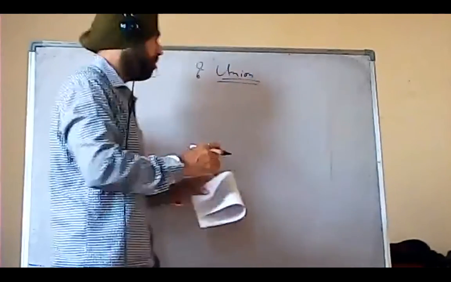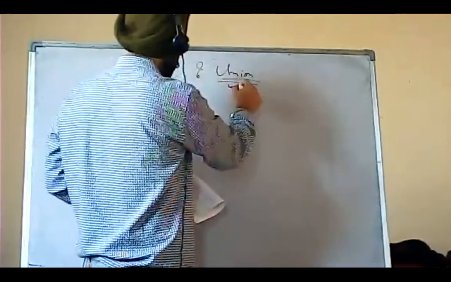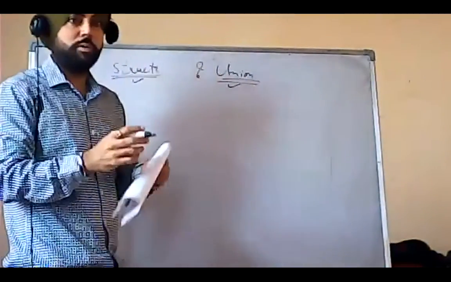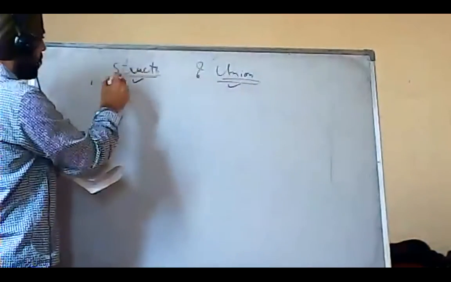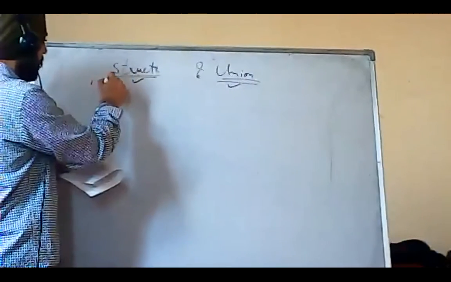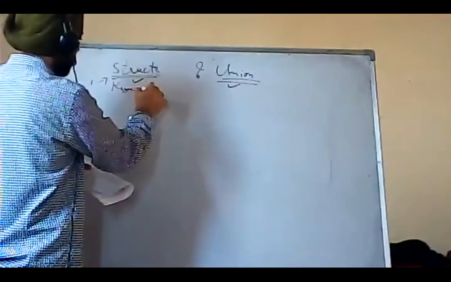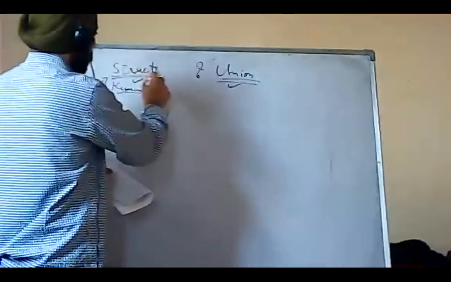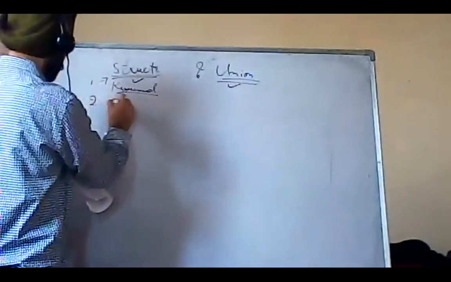One is you have to replace struct with union if you are creating a program with the help of union. So this is the first difference between structure and union, that is structure has the keyword struct. These are the keywords for structure and union. Second, that is the size. If we are talking about the size part.